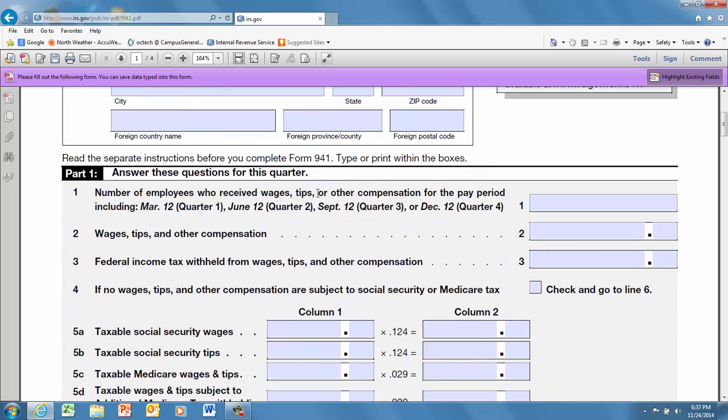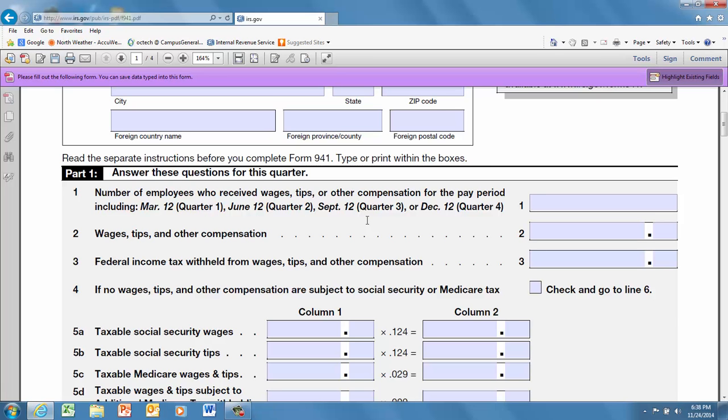Okay, number of employees who received tips or other compensation for the pay period. So we're in the third quarter, so we have to look on September 12th. And we look in there on that day, how many employees did we have that day? So if one was terminated on September 11th, we do not count that person.